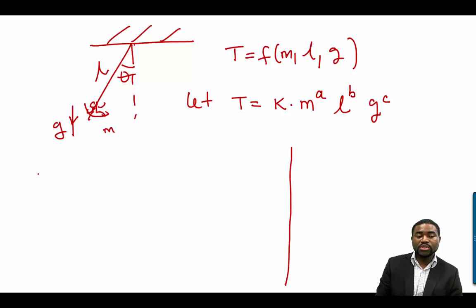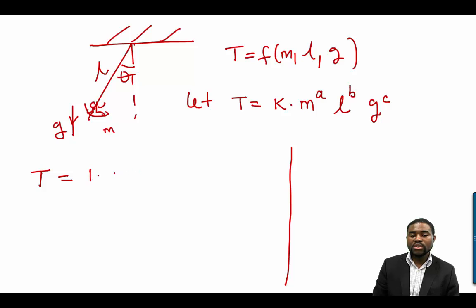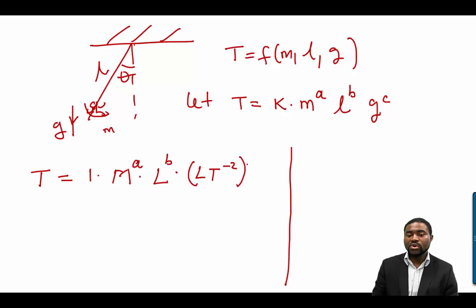The dimensions of t, which stands for time, is just T. All of this will be equal to the dimensions of k, which is 1. The dimensions of m is capital M all raised to the power a. The dimensions of L is capital L all raised to the power b. And the dimensions of g, which is an acceleration, is L T minus 2 all raised to the power c.